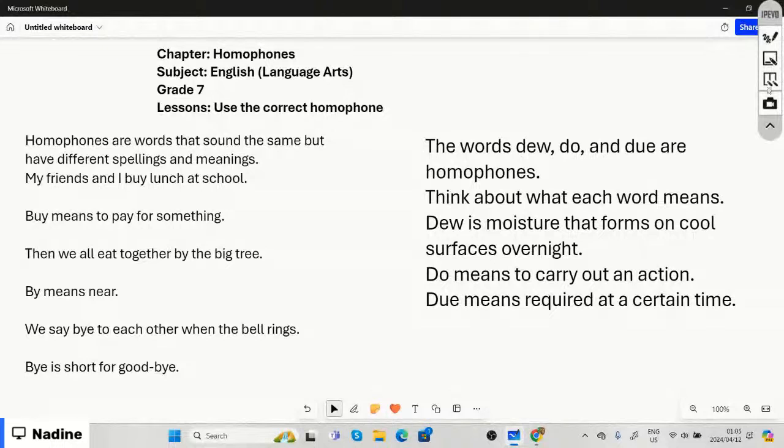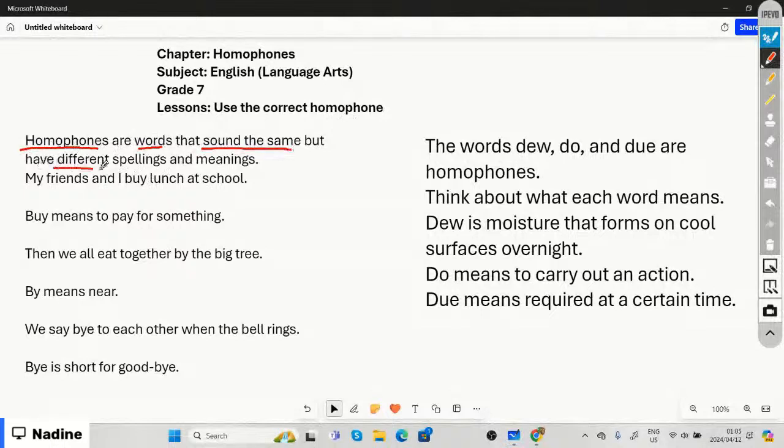So what are homophones? We're now going to say what homophones are. Homophones are words that sound the same, but they have different spellings and meanings, right?